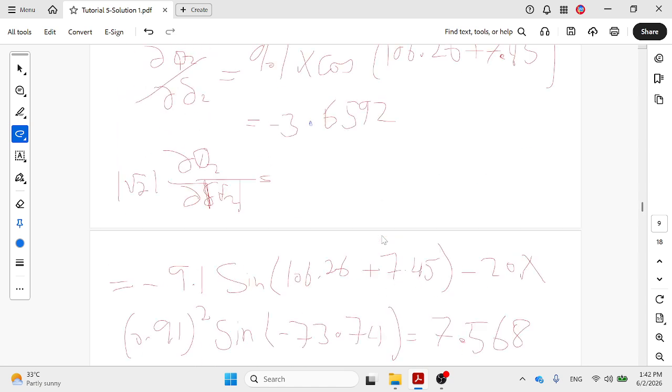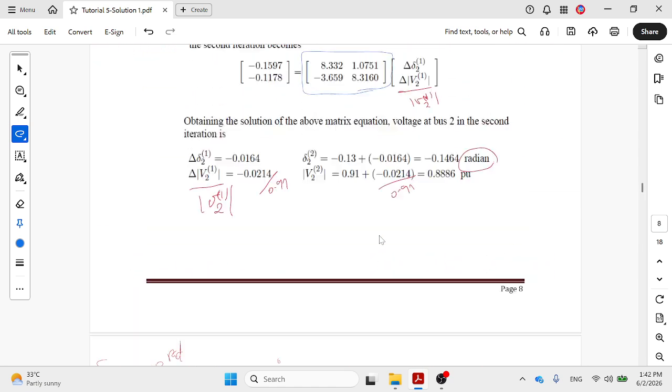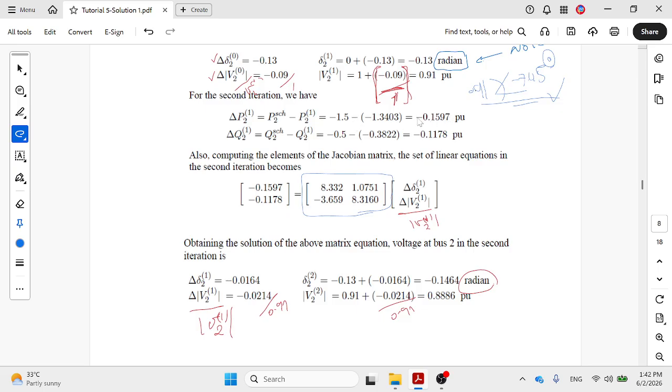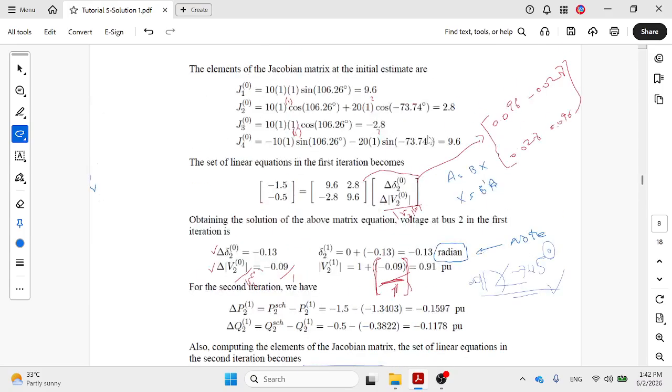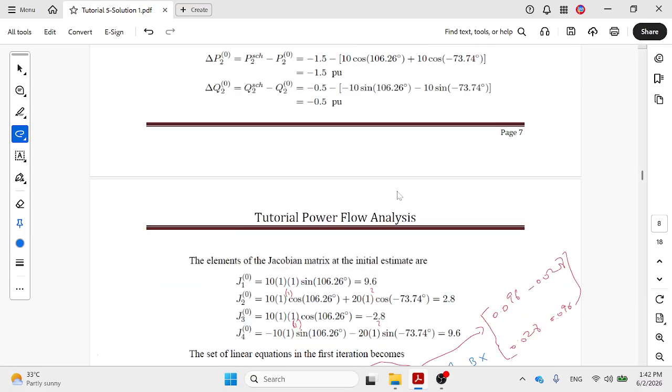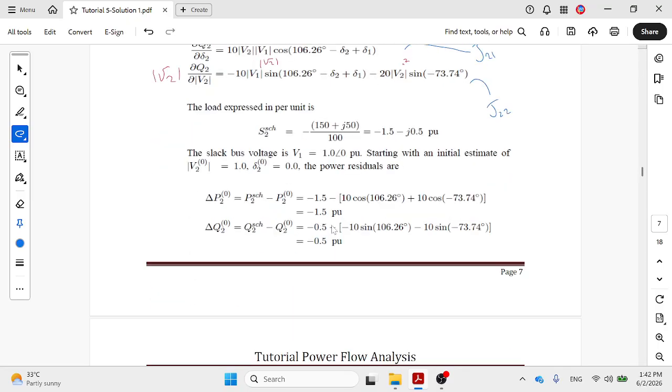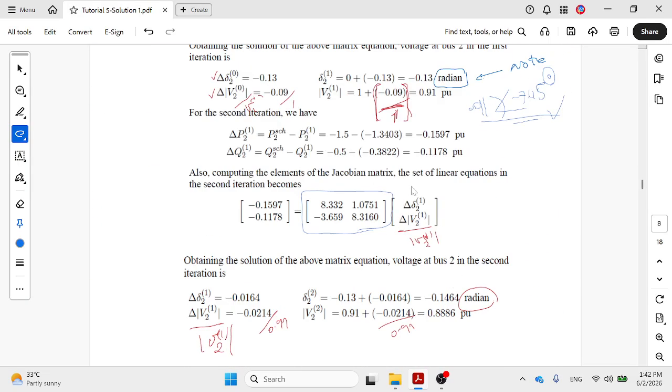Here in the mismatch value, next time when you calculate the mismatch value, you can see this is the second round, correct? When you compare with the previous round, which is here, minus 1.5, minus minus becomes positive, 0.1597.